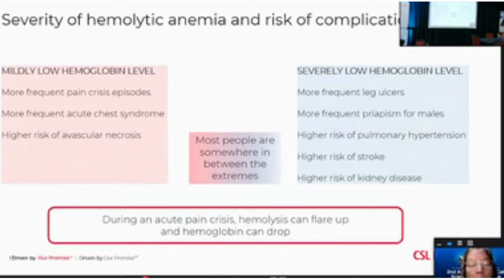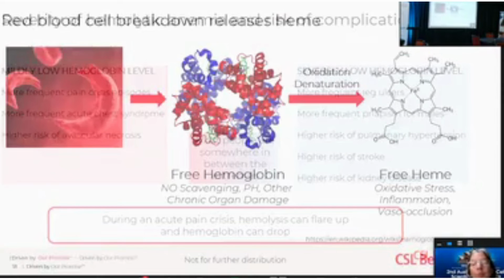During an acute pain crisis, hemolysis can flare up and hemoglobin can drop. But what I've been talking about up to this time is the steady state hemoglobin level in terms of its predictive value for risk of these complications.